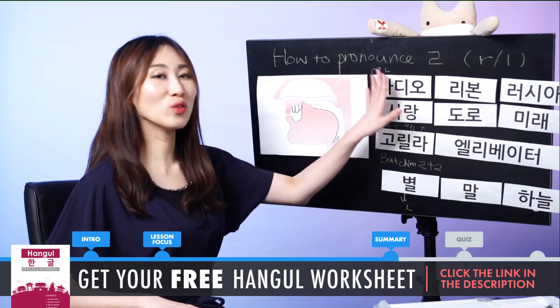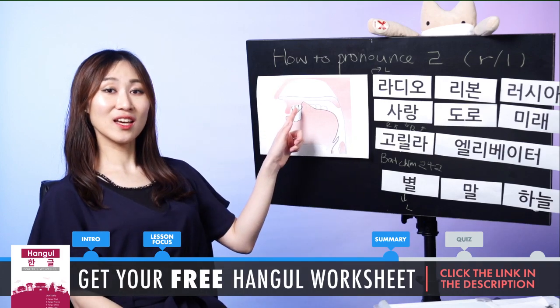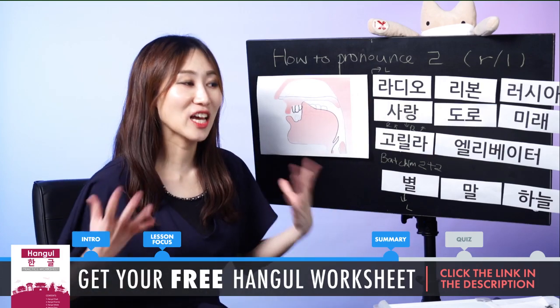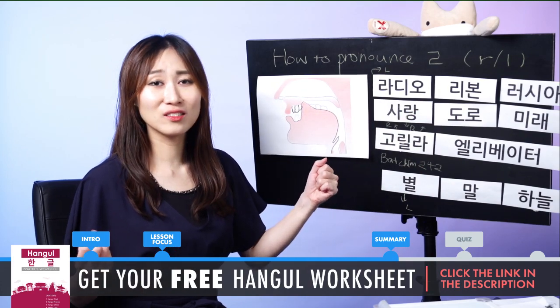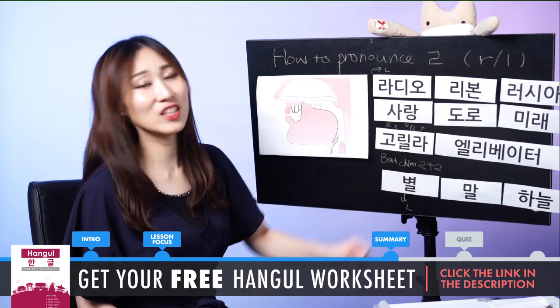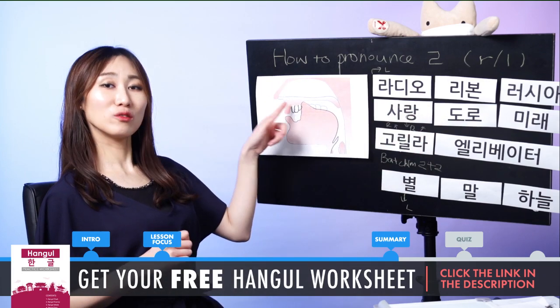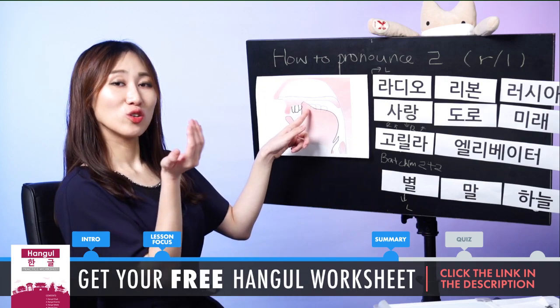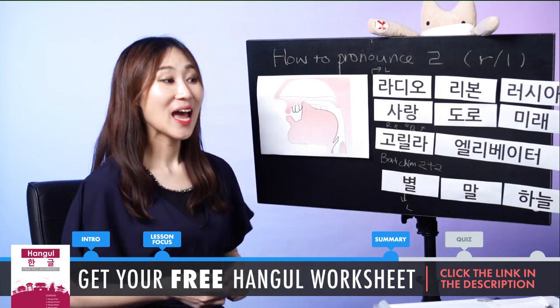But again, you don't have to remember all these rules. If you put your tongue in the correct place, then you can pronounce this naturally. You don't have to memorize this, but I'm just explaining for beginners to make it clear and easier to understand. When you pronounce with your tongue in the right location and the shape of your tongue is correct, then you will pronounce this naturally.